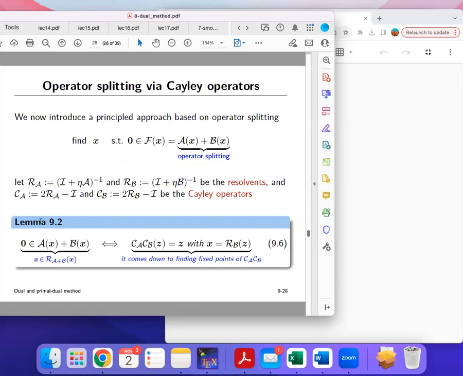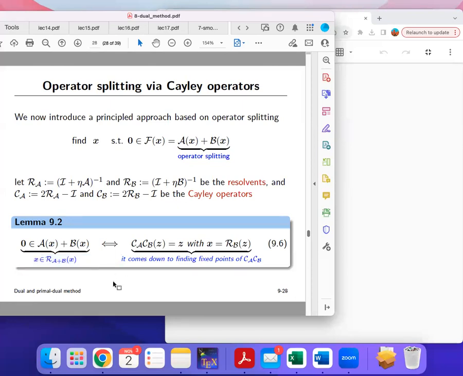And this is given by this lemma. This lemma shows that finding a zero of the sum of two operators, which is our original problem, means we want to look for a point x that is a zero of A plus B. And we know this inclusion equation is equivalent to this fixed point equation: the fixed point of the resolvent of A plus B. However, as we discussed before, the resolvent of A plus B is not easy to compute.